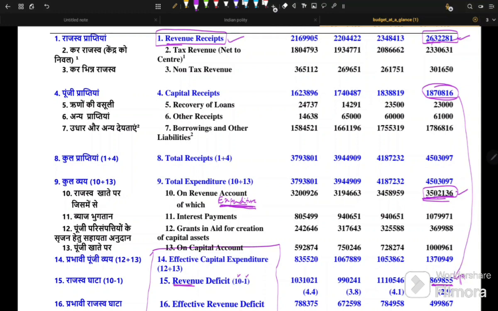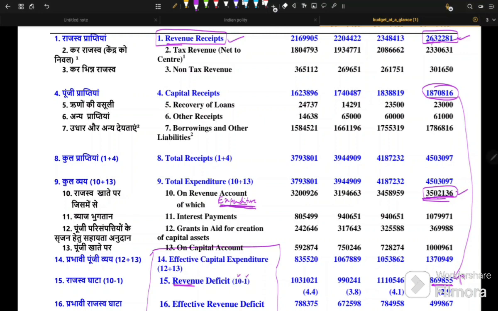It means we are spending more money on revenue expenditure, and we are not spending money on capital expenditure, on asset creation for the country. This is the significance of the revenue deficit.